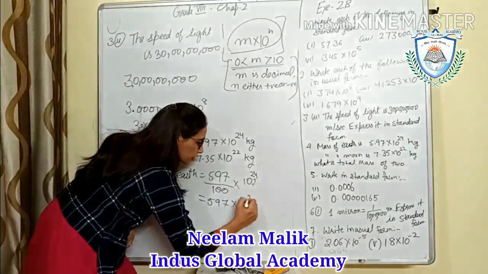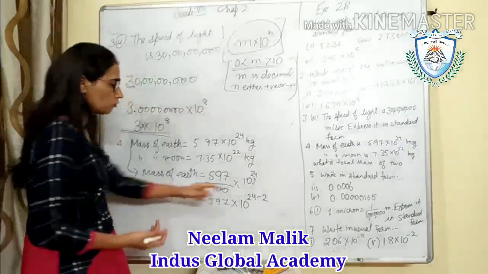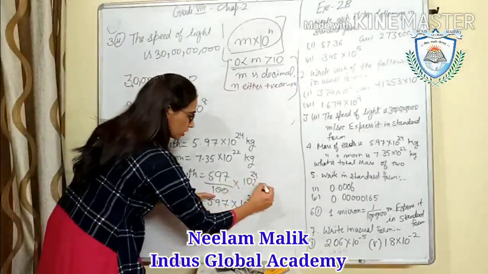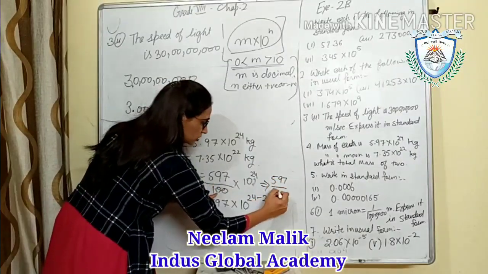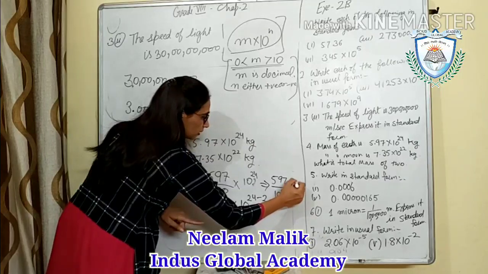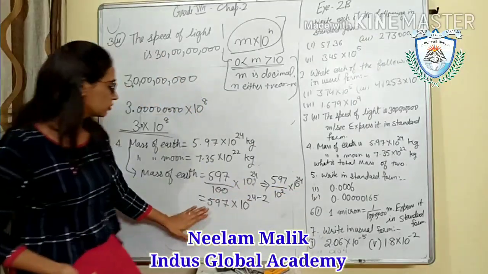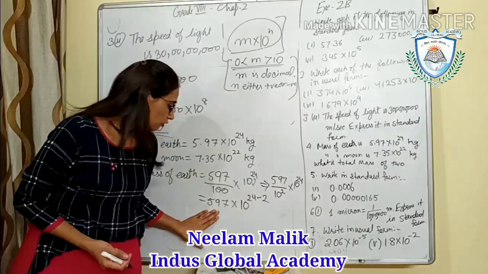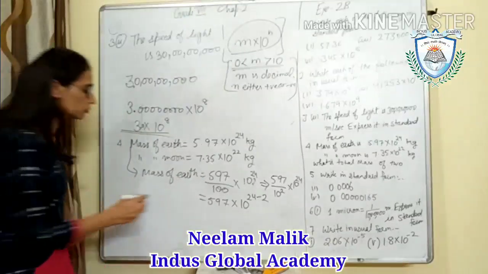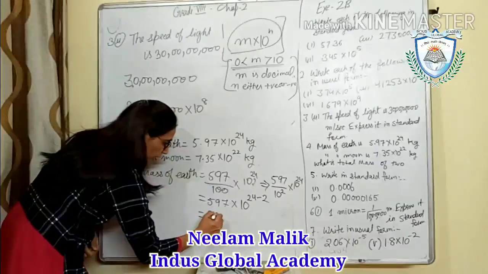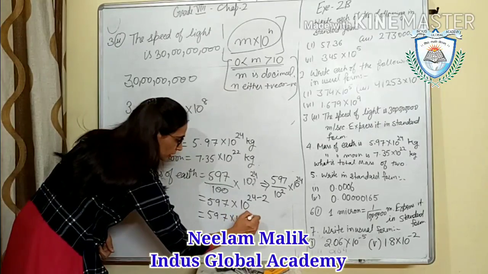So 10 raised to power 24 minus 2. From where does this 2 come? 597, here 100 means 10 raised to power 2 and there 10 raised to power 24. So these powers will be subtracted. So I write this step: 597 into 10 raised to power 24 minus 2, which is 597 into 10 raised to power 22.